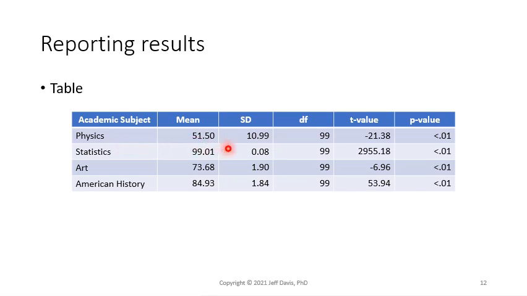With a mean of 51.5, a standard deviation of 10.99, and degrees of freedom of 99, my calculated t-value is negative 21.38. Again, that says that this mean of 51.5 falls 21.38 standard errors below the mean of 75.